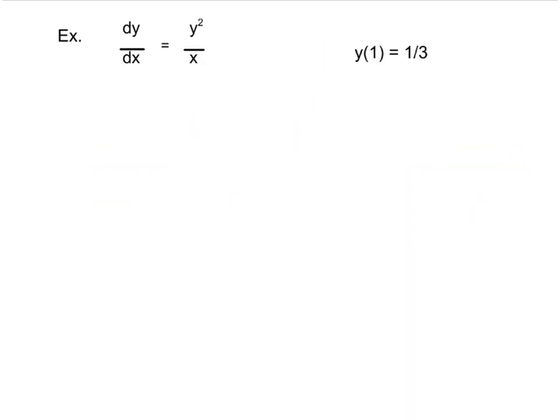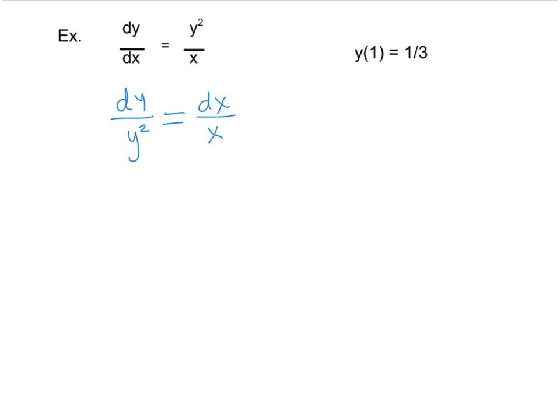So here's the final example. Once I have my differential equation, I'm going to separate the variables. If I divide by x squared, I have dy over y squared, and then if I multiply by dx, I have dx over x.